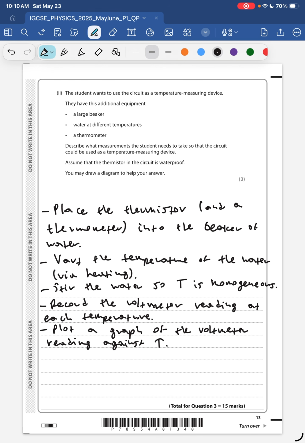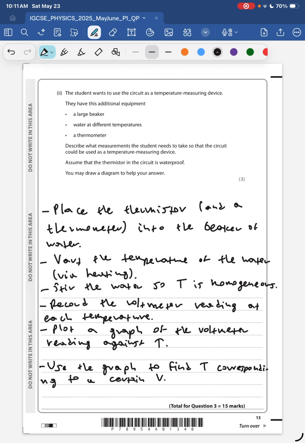And then you can use the graph to find T corresponding to a certain V. So it's kind of an involved problem, but you need to write all these things to describe it perfectly for the grader, I guess. So this was question 3.